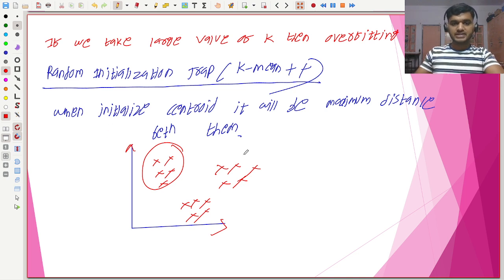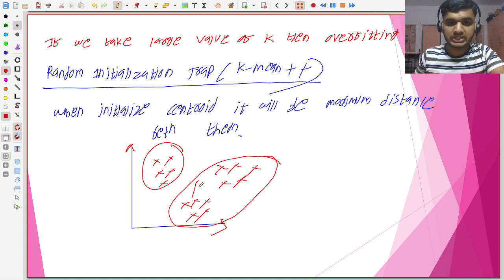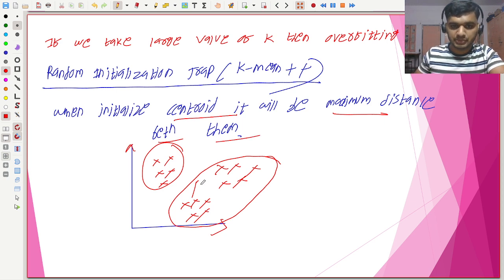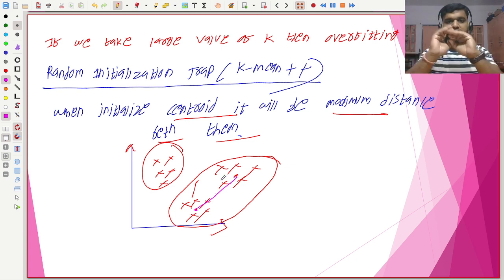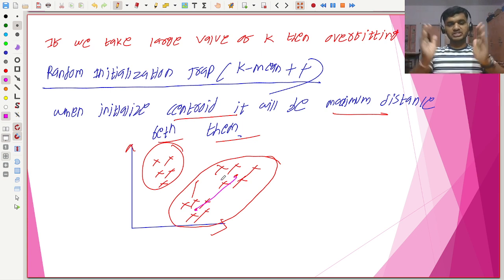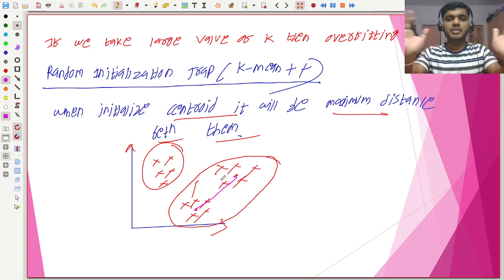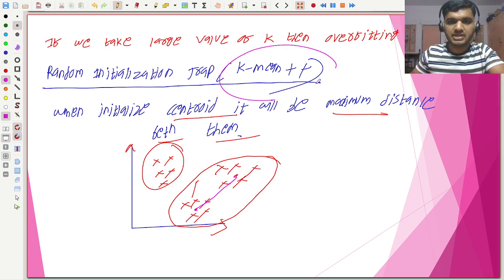If you put one centroid here, it may merge these into one cluster. So for this problem, we initialize the centroids so that the distance between them is maximum. Then there is no problem in the selection of centers. If the distance between two cluster centers is maximum, that is k-means++.